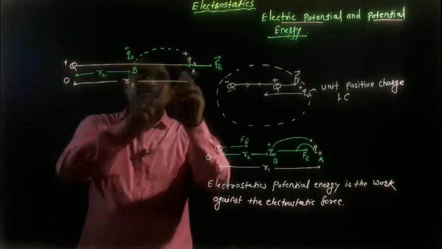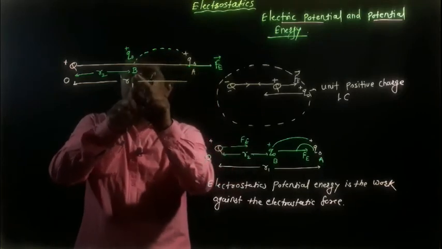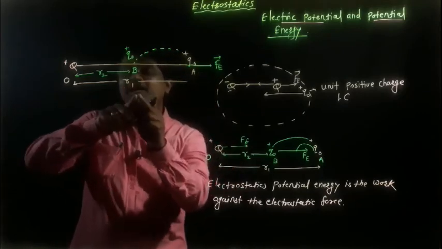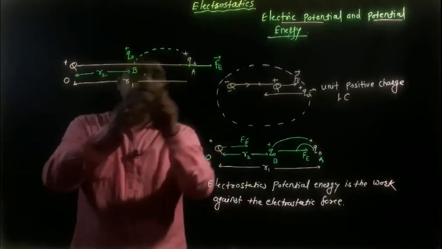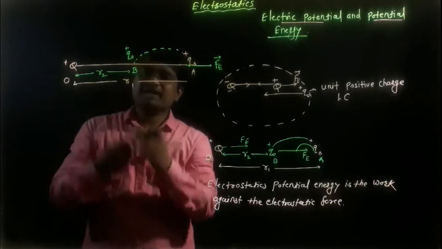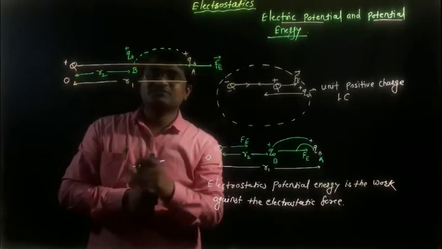It means the unit positive charge is moving from the initial position A to the final position B, with distance going from R1 to R2. When the unit positive charge moves from R1 to R2, work has to be done against the electrostatic force.